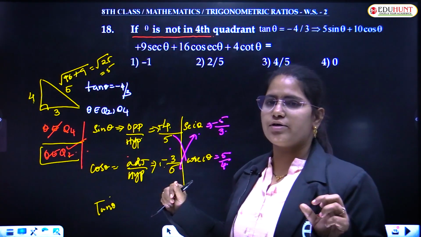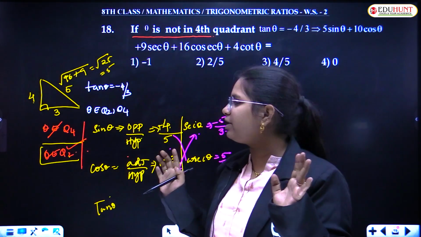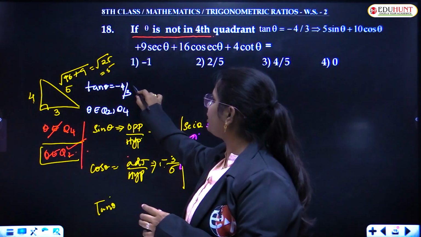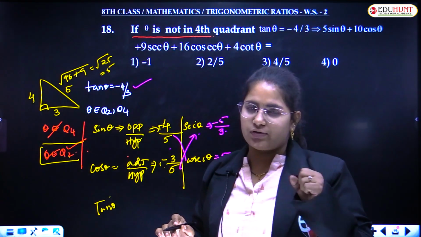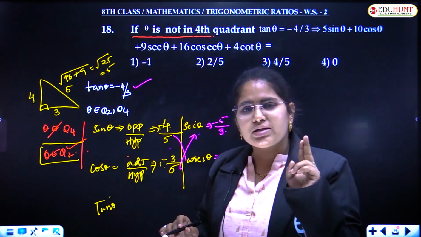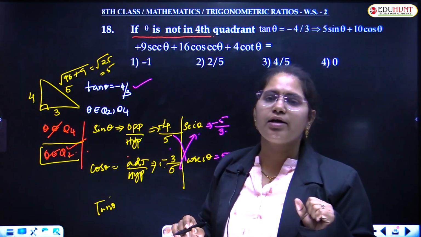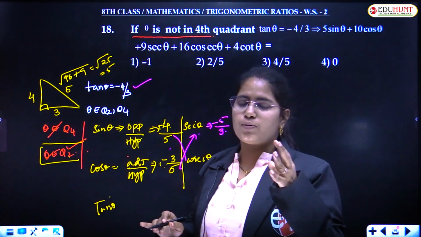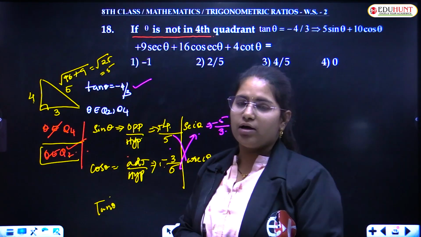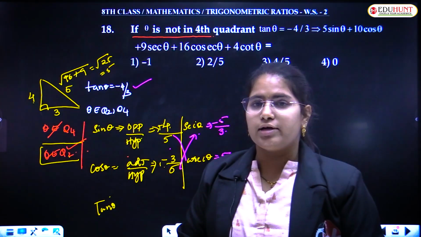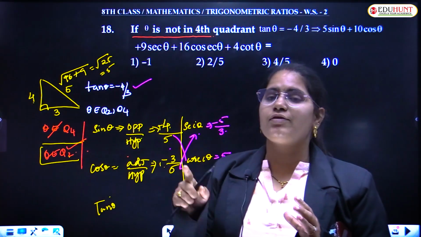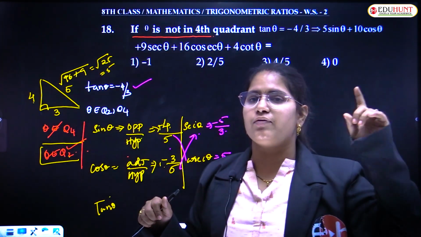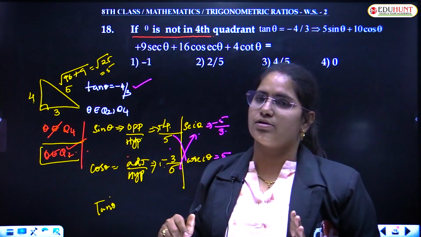How did I start my problem? Once again I will repeat. First I was given tan theta is equal to minus 4 by 3. How do you define tan theta? It is defined as opposite side by adjacent side. And I told you children, to understand why tan theta is opposite by adjacent, you must watch my previous videos and then come back.